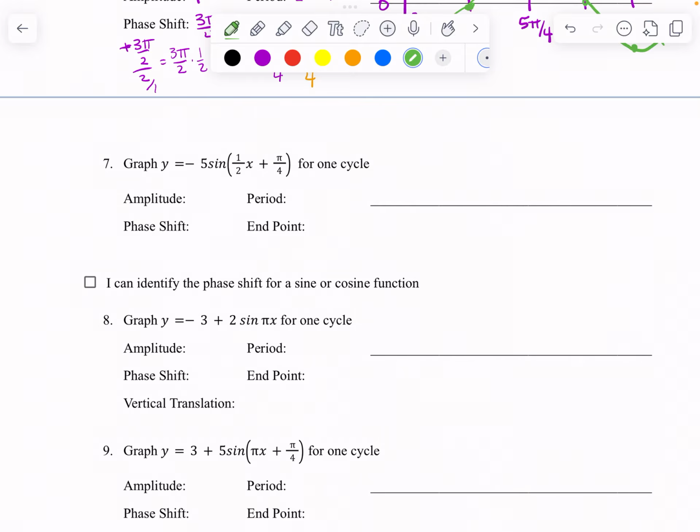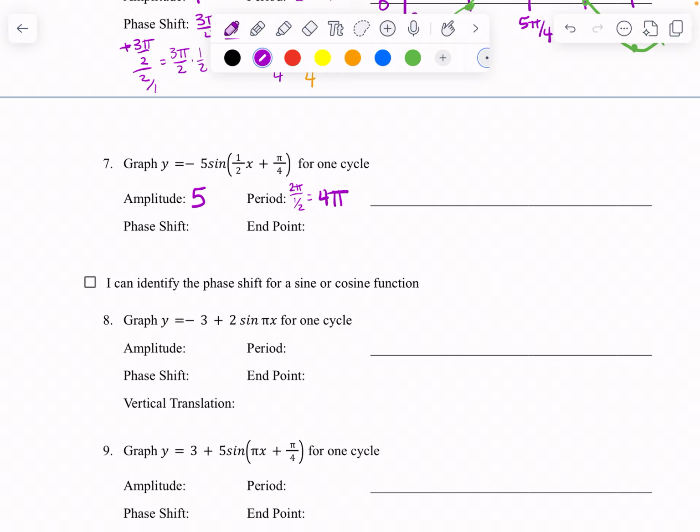All right. Number 7. Negative 5 sine of 1/2 x plus pi over 4. So, again, amplitude's always positive, so it's 5. Period, 2 pi over 1/2, so 2 pi times 2 would be 4 pi.